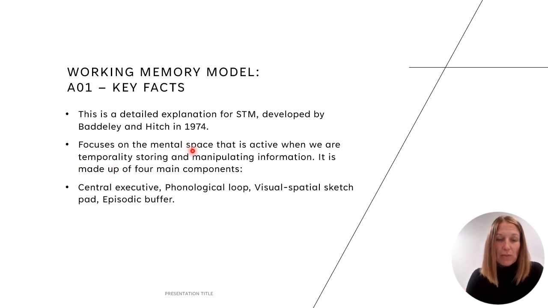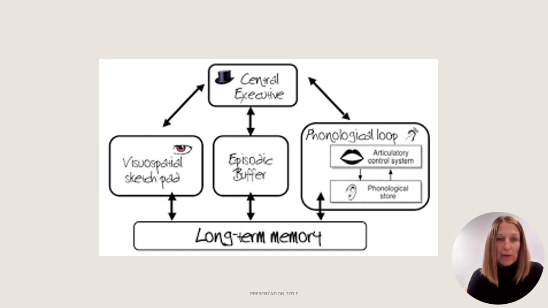It focuses on the mental space that is active when we are temporarily storing and manipulating information, and it's made up of 4 components. So learn these: the central executive, phonological loop, visual spatial sketchpad, and the episodic buffer.